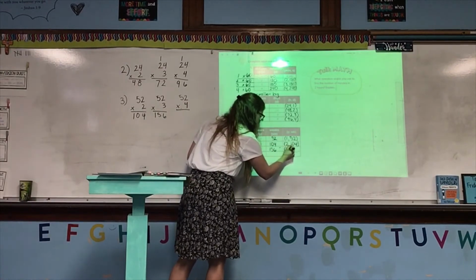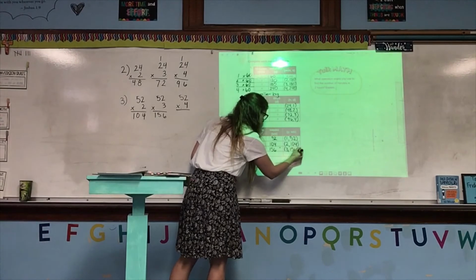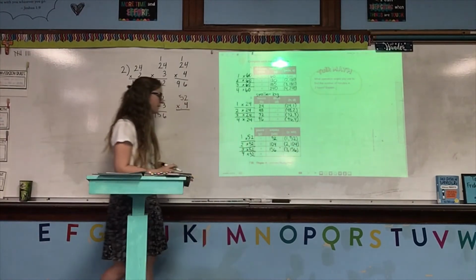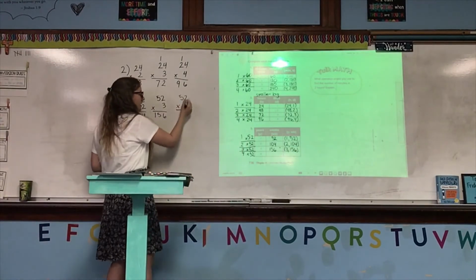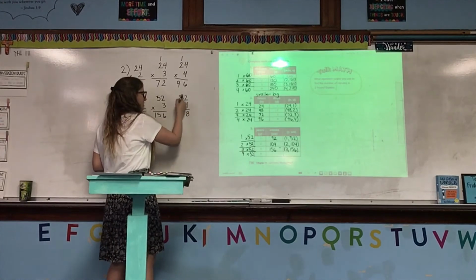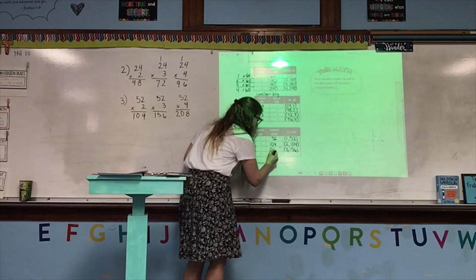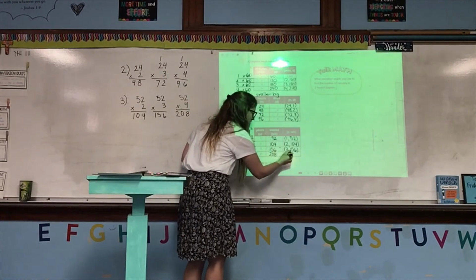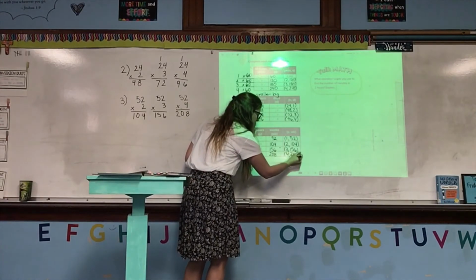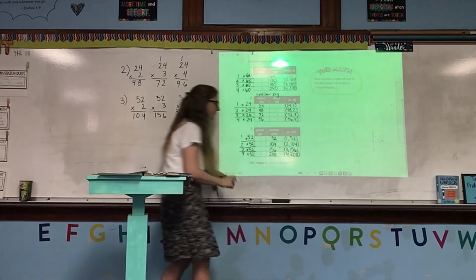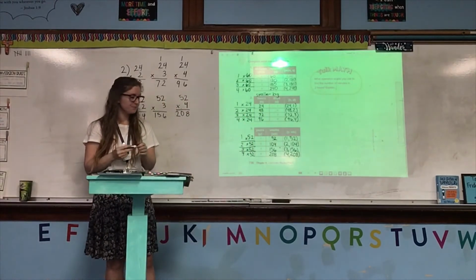So in 3 years, there are 156 weeks. And the last one, 4 times 2 is 8. 4 times 5 is 20. So that means 4 times 52 is 208, which means that in 4 years, there are 208 weeks.